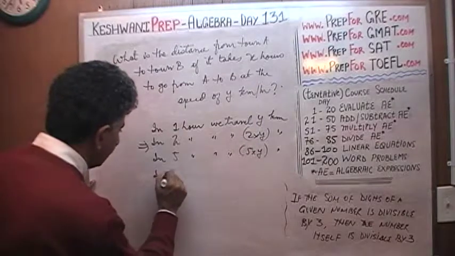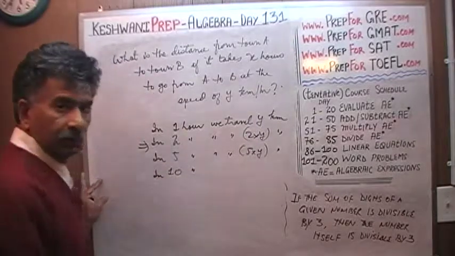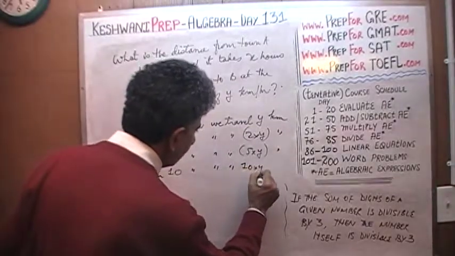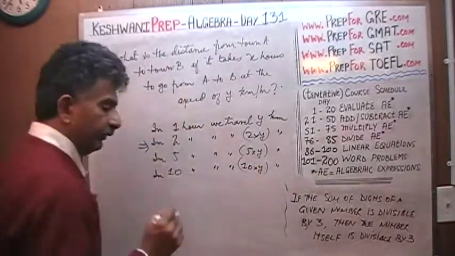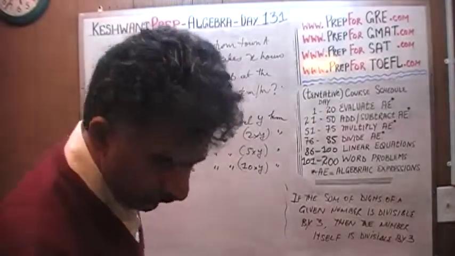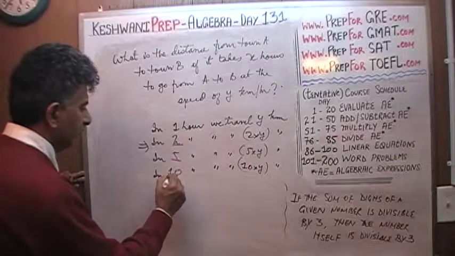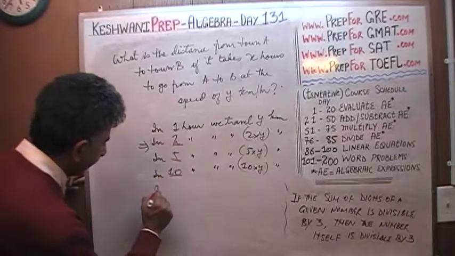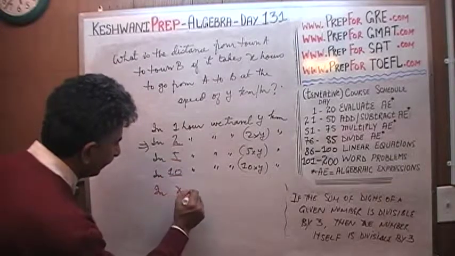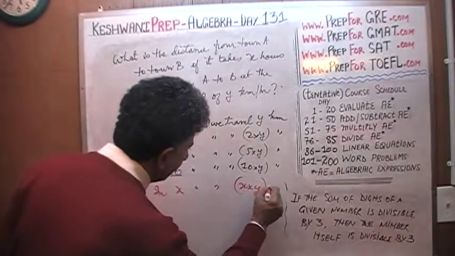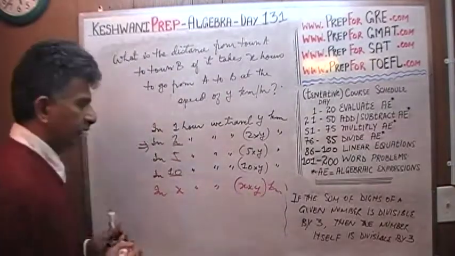And in 10 hours we must travel 10 times Y kilometers. Similarly, since we're traveling for X hours, we should be able to travel X times Y kilometers. There you go, that's your answer, X times Y.